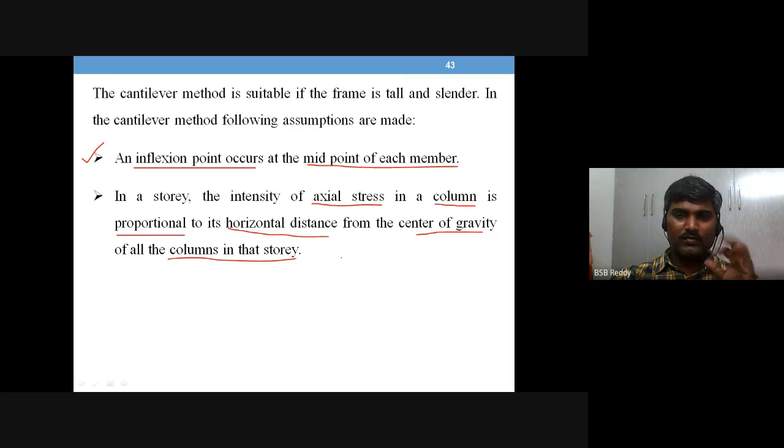Okay, let's see what it is. Say this is a particular frame, consisting of some columns.